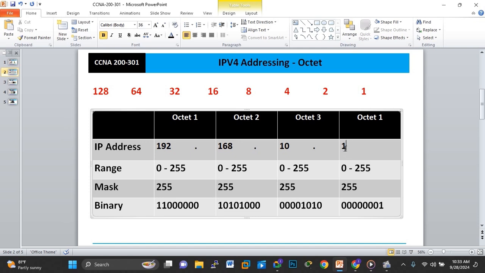Dot 1 is also an octet. This octet represents what? 8 bits, and these 8 bits range from 0 to 255. So now, the subnet mask for this IP address, let's say the subnet mask is 255. Now, if this subnet mask is 255, meaning this is a network.